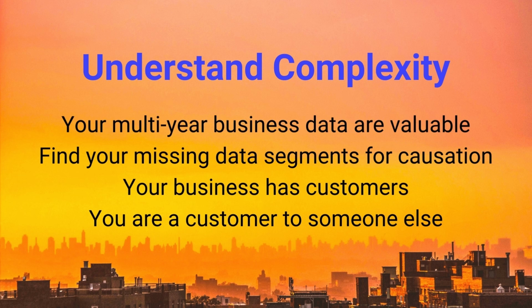So you can explore, find your missing data segments, and start to understand the complexity and maybe the causational relations that you have to other companies where you buy your fertilizer, where you buy your machinery or your logistics or whatsoever. So you get real insight into your business.